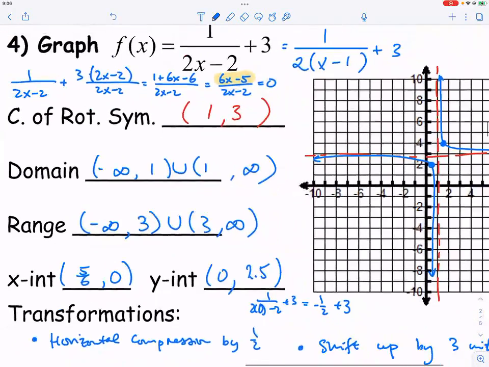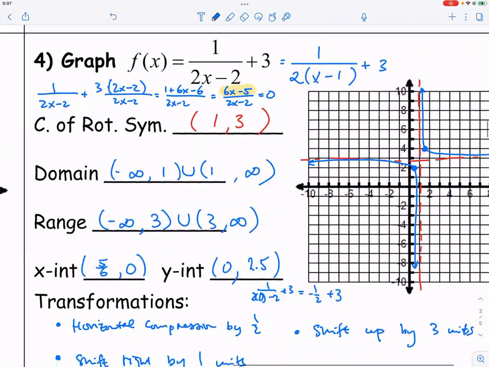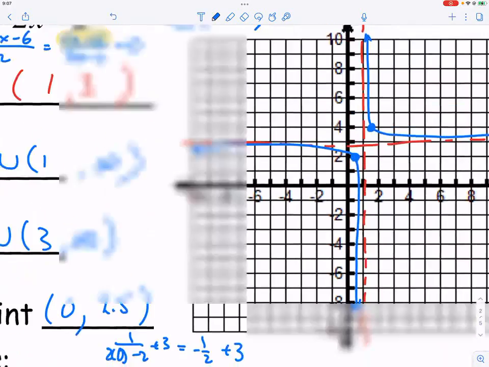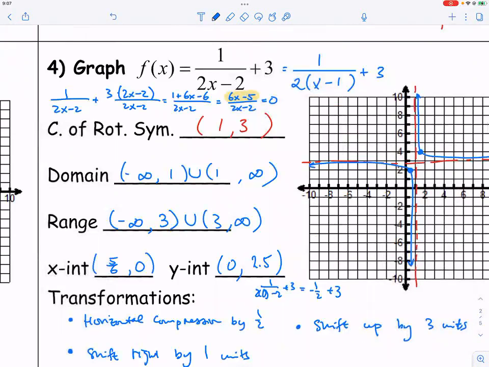So you combine the fractions, and then you set the numerator equal to 0, because for a fraction to be 0, the numerator must be 0. And you look at the graph. That looks pretty close to 5 over 6, right? It's pretty close to 1, and more than 1/2. So that makes sense.